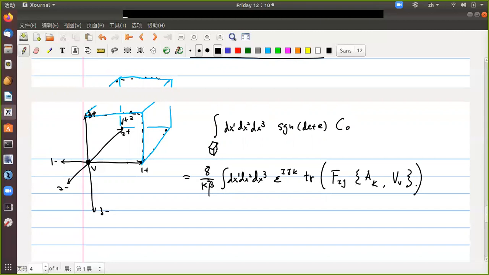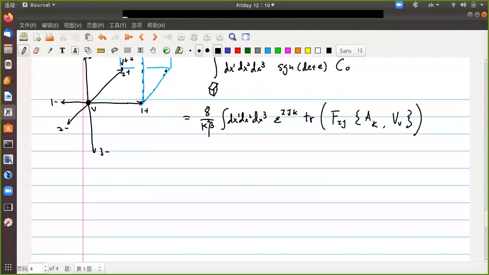Okay. Well, you can safely replace these. You can add a 1 here in the trace. You can replace this F by 1 plus F, closing bracket, A_k, B_V.